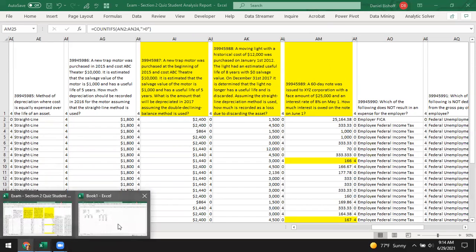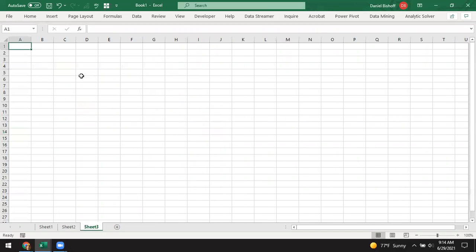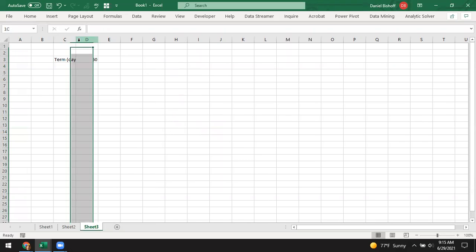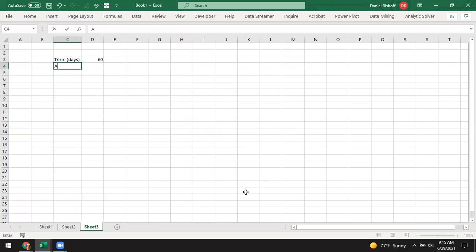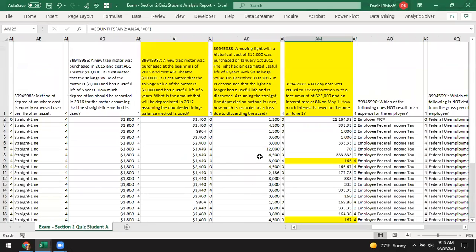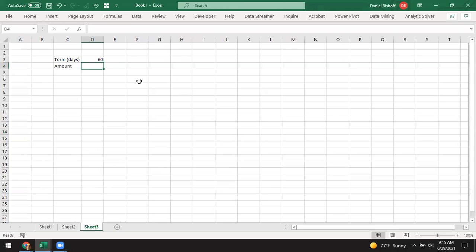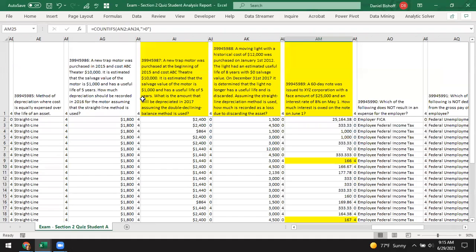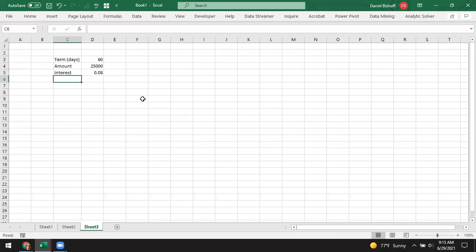Okay. So there are a lot of different ways we could do this problem. We have the term, 60 days. The amount was 25,000. Interest was 8%. And then we have 2 dates.